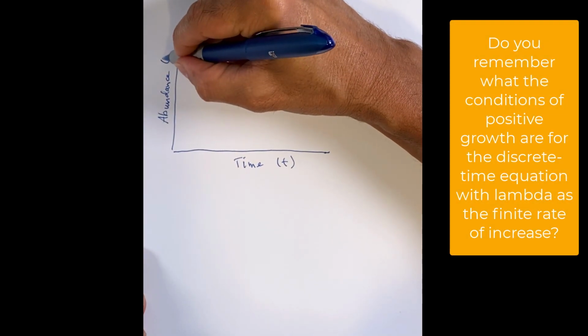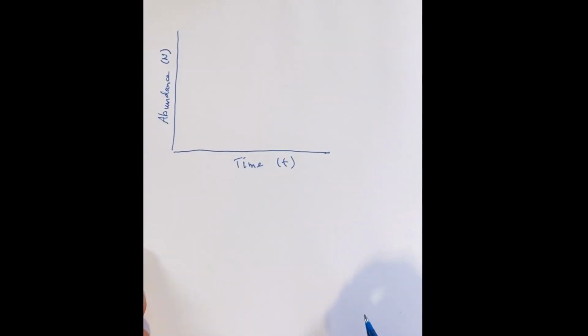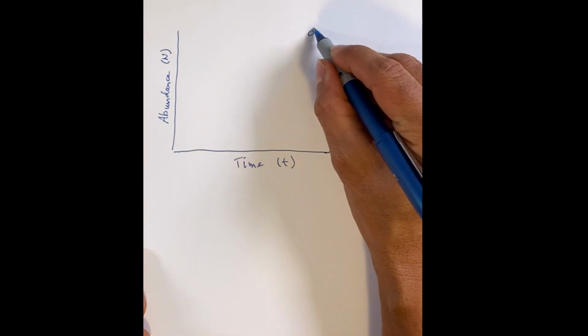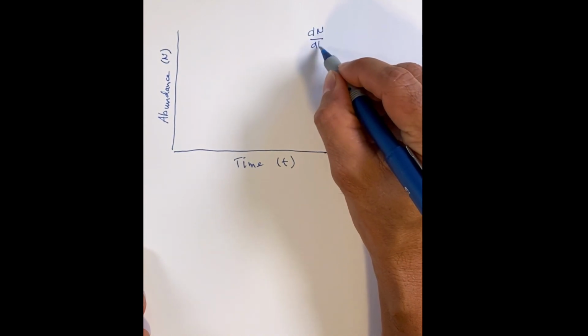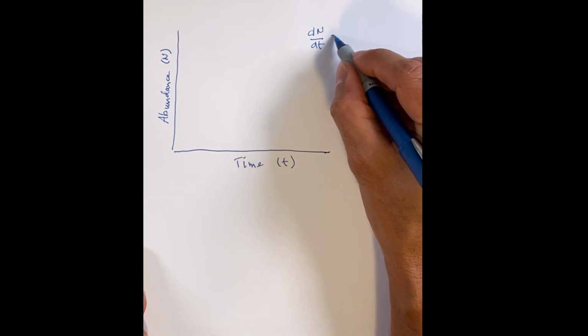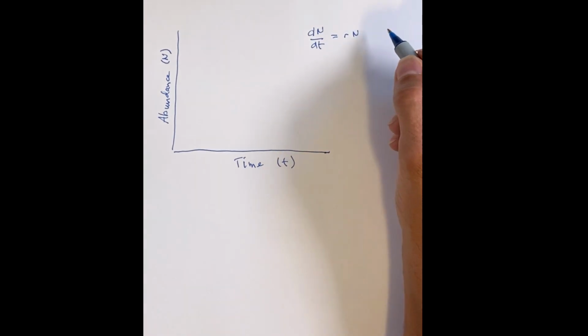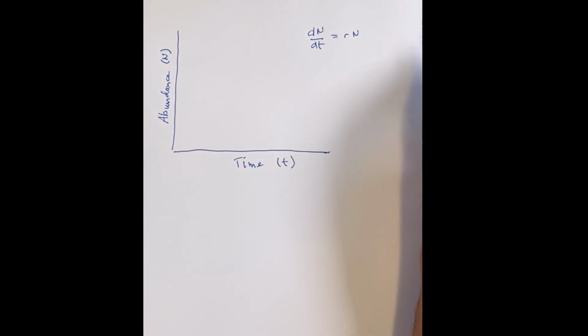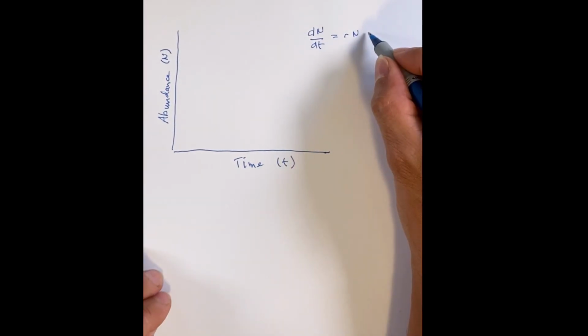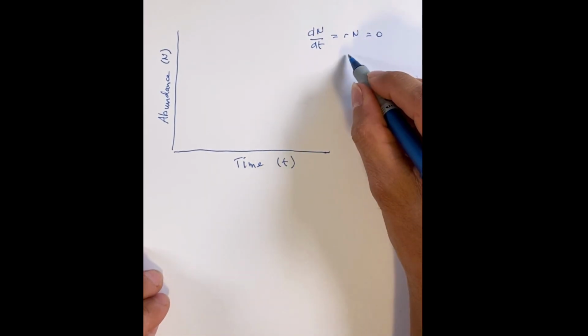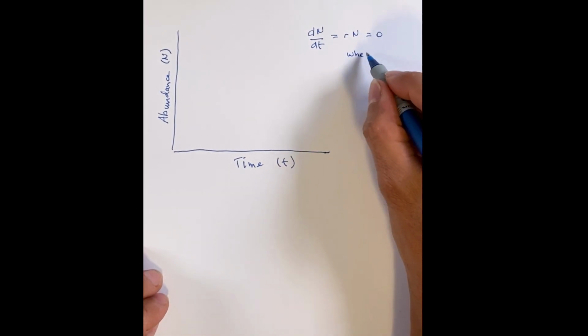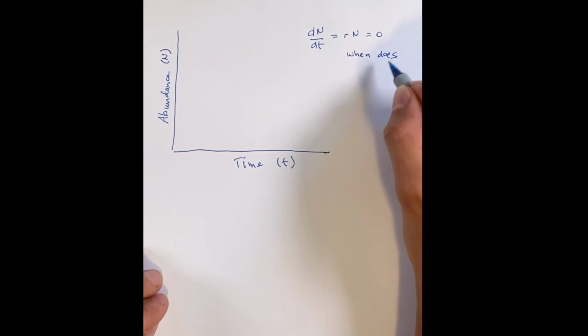So if you map abundance, the population size or the population density, as a function of time t, for our equation, dN/dt, the rate of change of the population, is equal to rN. If the abundance is greater than 0 and r is greater than 0, then you get a population that is going to be increasing.